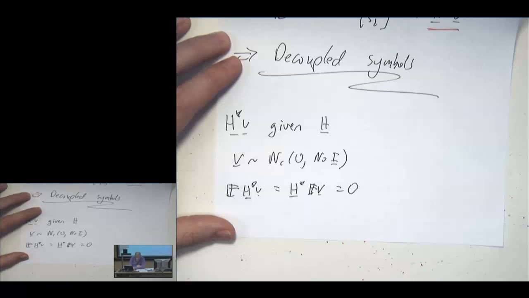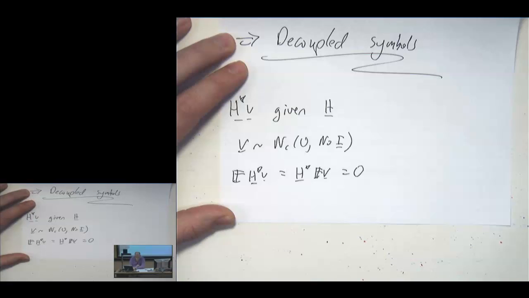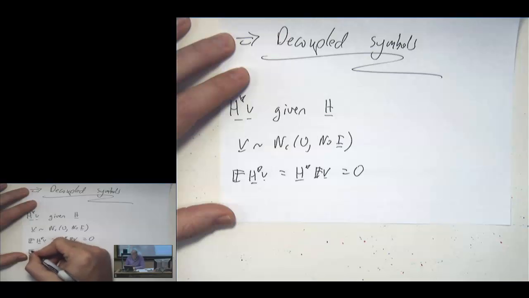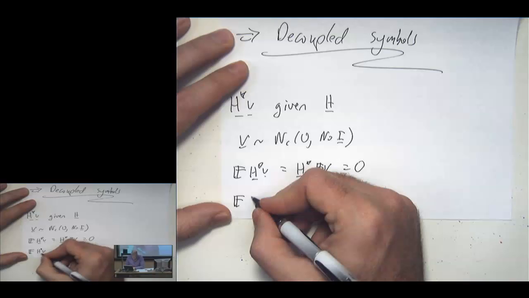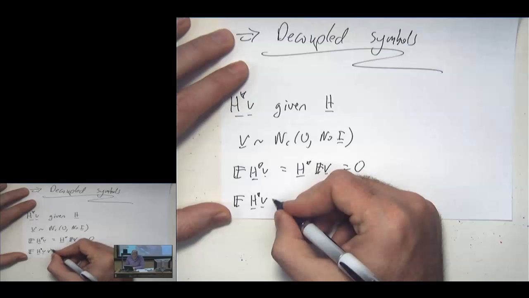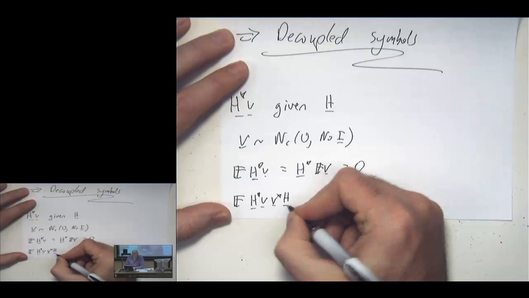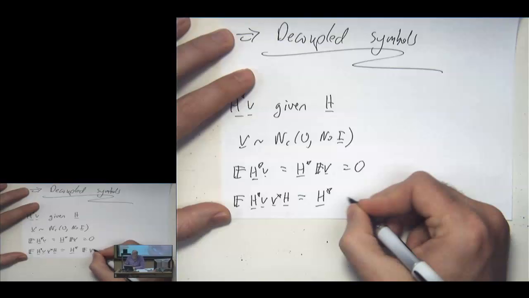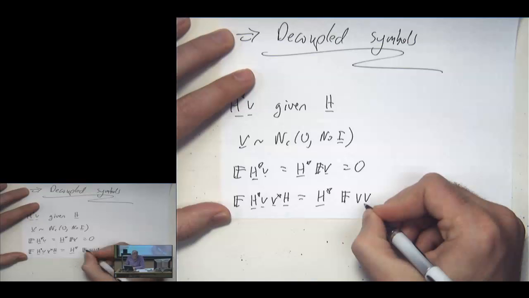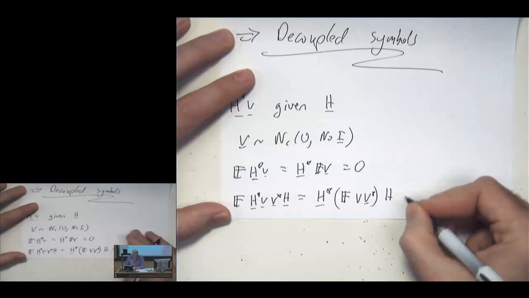So that doesn't change. Now, for a multivariate distribution, to characterize the covariance, if it's 0 mean, we have to look at the expectation of a vector of the following form. In this case, it's going to be h star v times its conjugate transpose, v star h. And then that is equal to h star expectation of v star times h, which is equal to this.